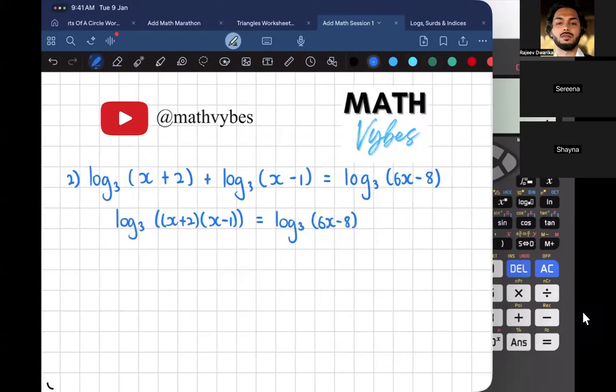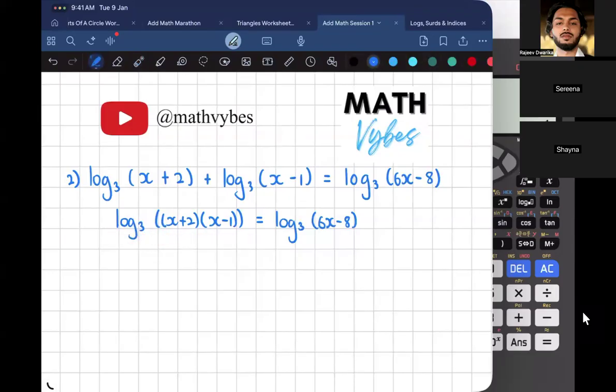No problem. So Sheena, I did a recap on logs and I'm just doing logarithmic equations now. Serena, let's continue. Tell me, do I have the same log base on either side? Yes, sir. Do I have one log on either side? One log. Yeah.